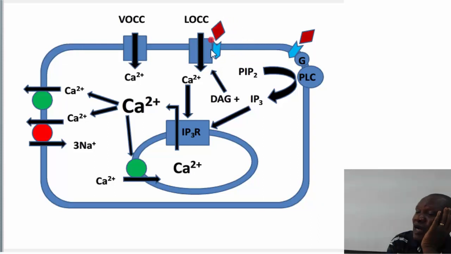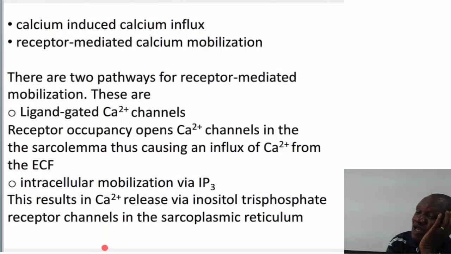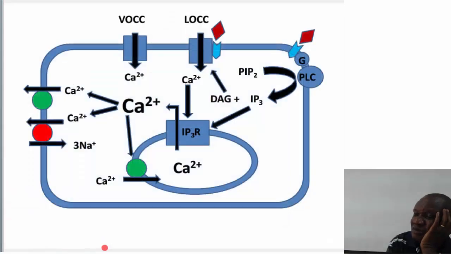A messenger will bind to the receptor, and when it does that, this channel will open and there will be influx of calcium ions. Now, there is another way by which calcium can be mobilized.